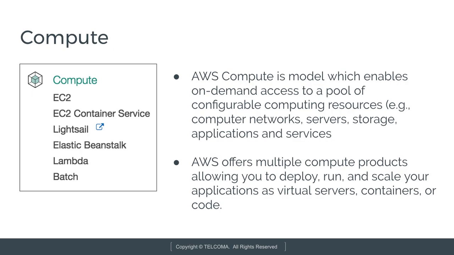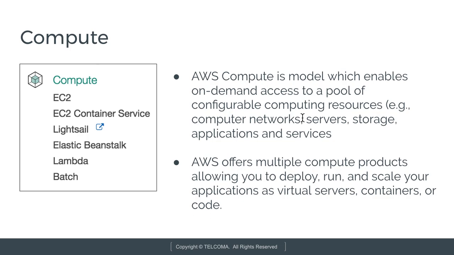Amazon Web Services provides a variety of compute and networking services. Why are they providing these? So that we can deliver core functionality for businesses to develop and run their workloads. AWS compute enables us to have on-demand access to various resources. What are the resources?